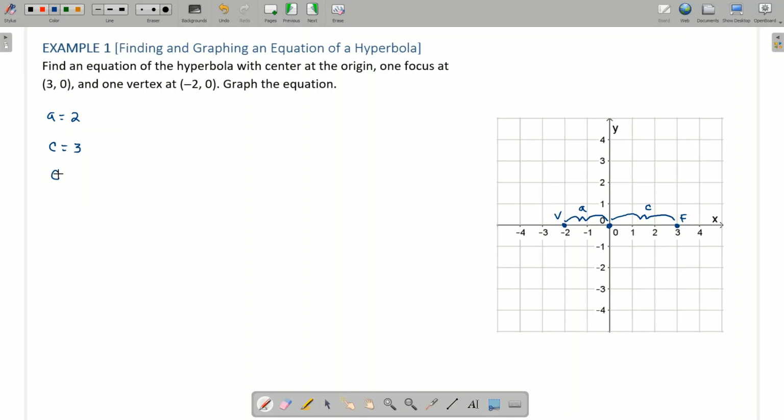Then we can use the fact that C squared is equal to A squared plus B squared to help us get the value of B. So B would be equal to the square root of C squared minus A squared. In this problem, that is 9 minus 4. So it will be square root of 5. And that is approximately 2.24, I believe.